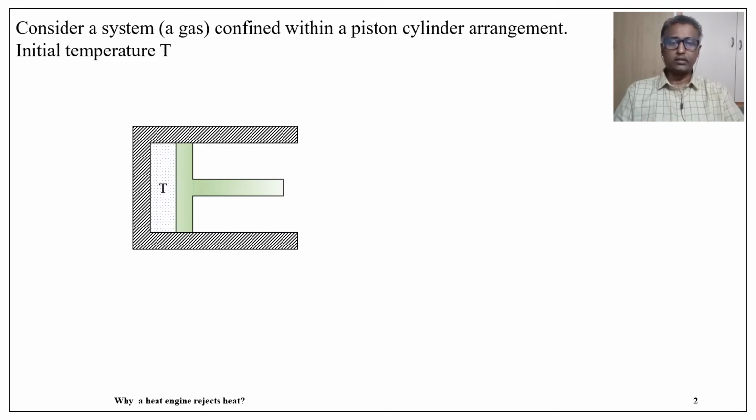To understand why the heat engine rejects heat, consider a system confined within a piston cylinder arrangement and initially at a temperature of T. If this system pushes or moves the piston, then we say work is done by the system.